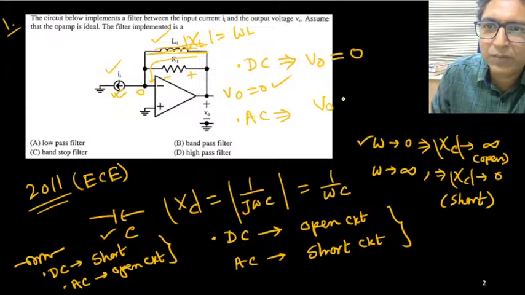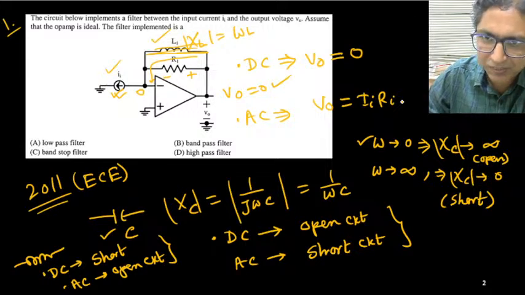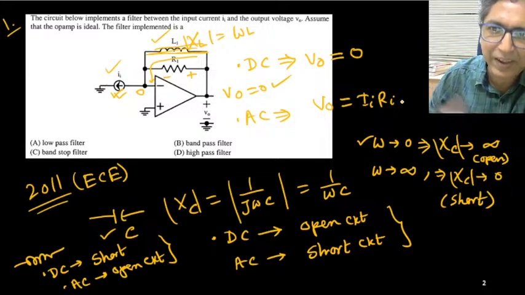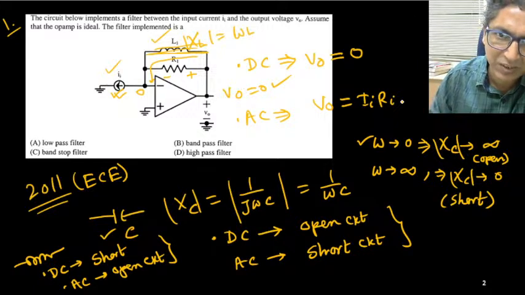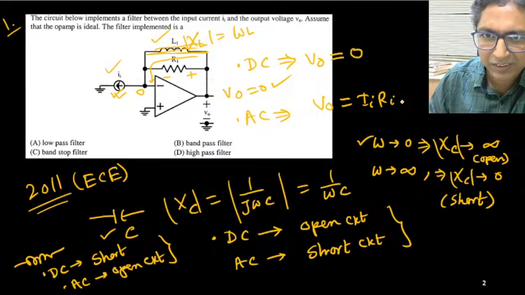The potential V0 is something, Ii times Ri, and that is more than 0, some high value. So for AC, we are getting high value. For DC, we are getting 0 value. So that means AC signal, high frequency signal, can easily pass through the system. Low frequency is not allowed. Am I correct?